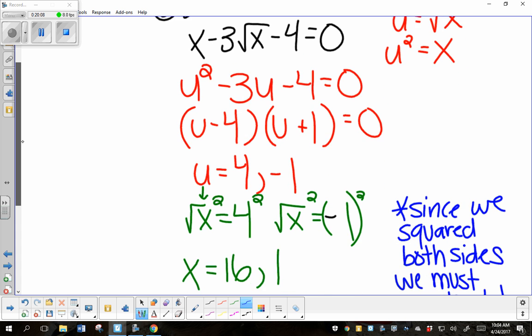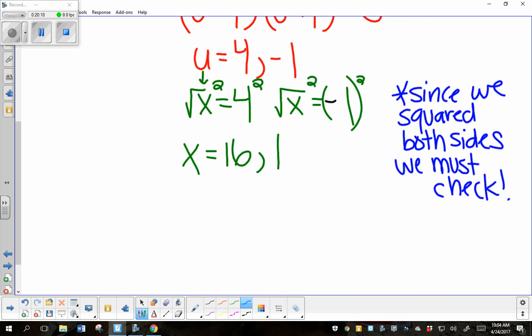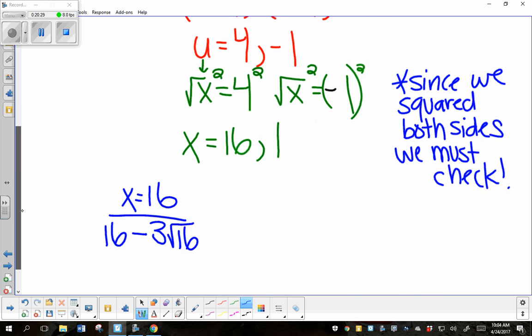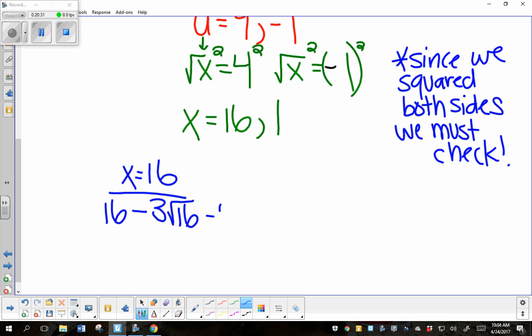So x minus 3 root x minus 4. Let's try x equals 16. So we've got x, which is 16, minus 3 root x, so minus 3 root 16, minus 4 equals 0.